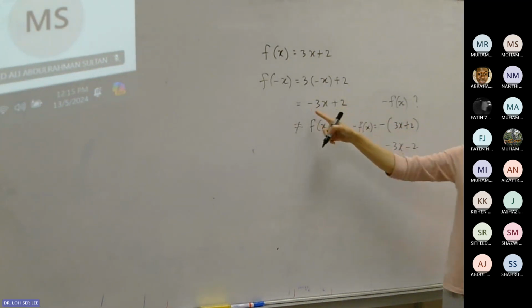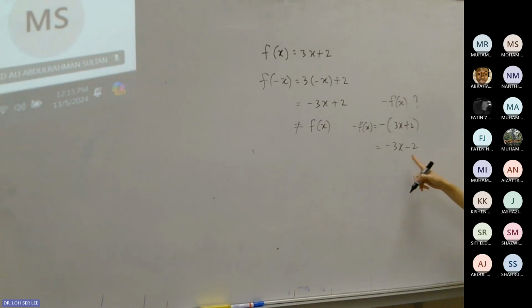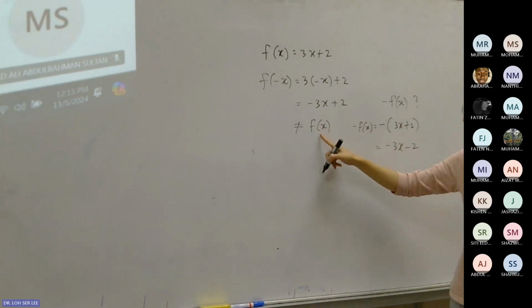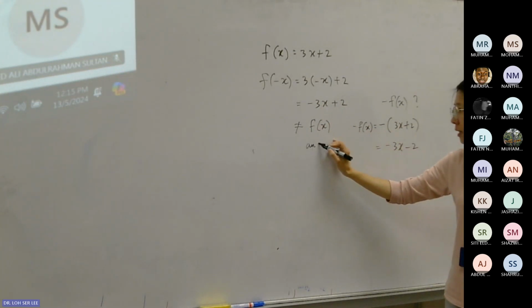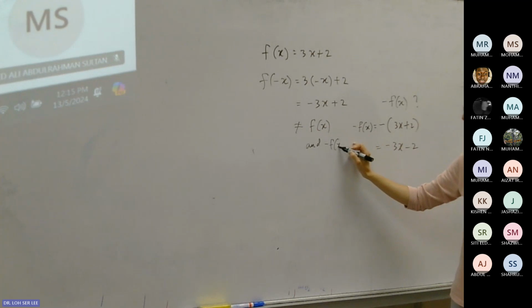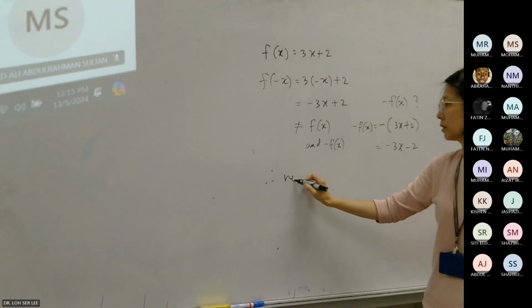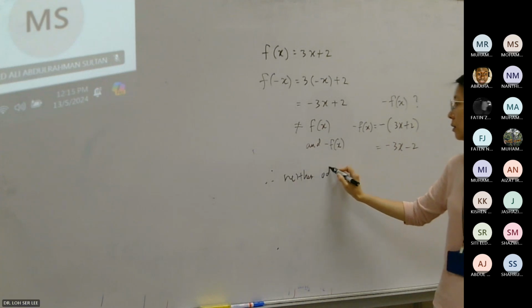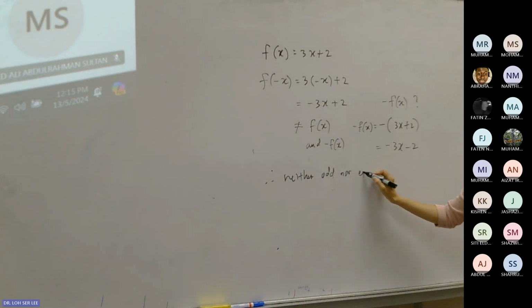But this is not the same as the negative fx. So that's why it is not odd and it is also not even. So neither odd nor even. That means it is not odd and also it is not even.